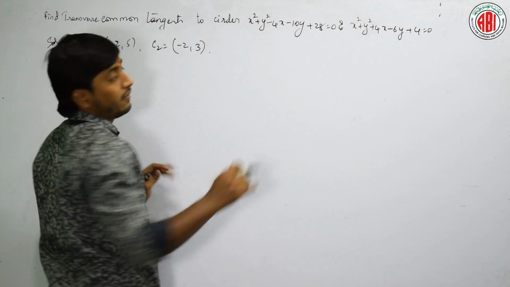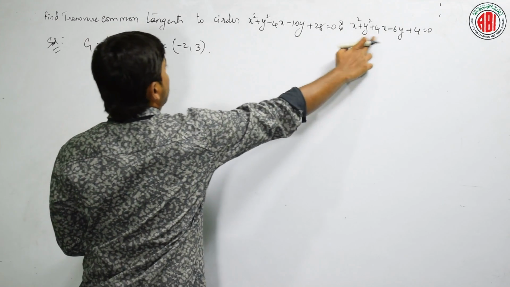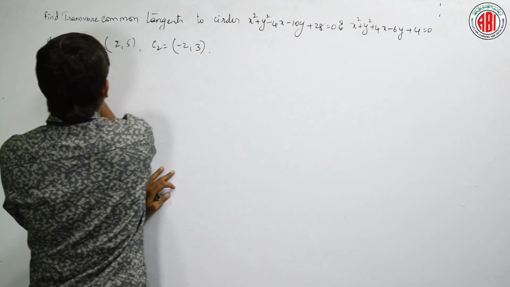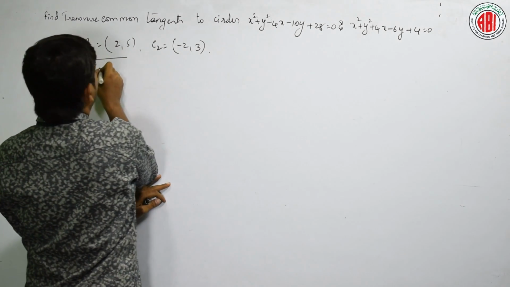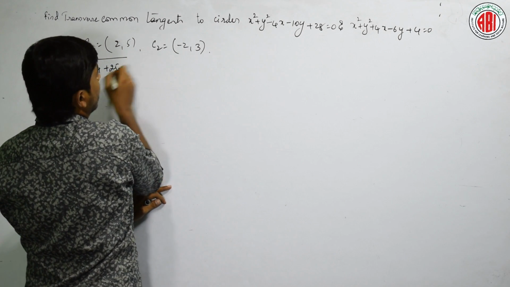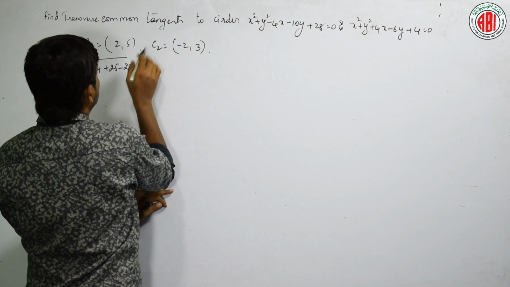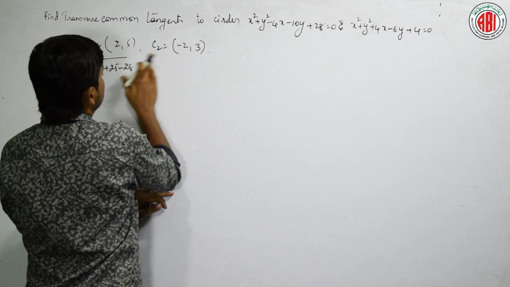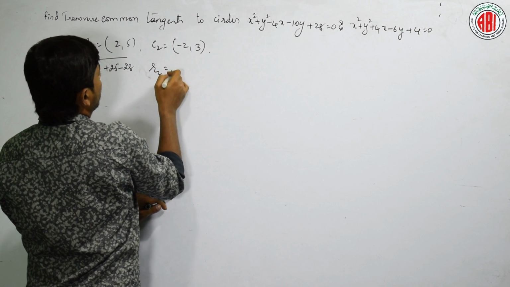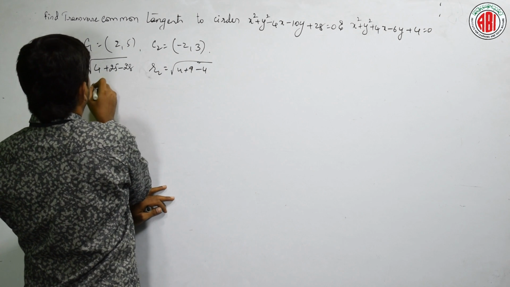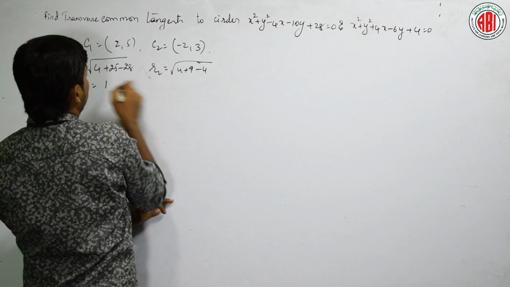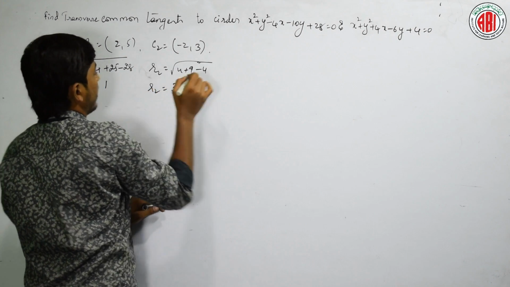First center is 2 comma 5, second center is minus 2 comma 3. What is radius R1? Under root 4 plus 25 minus 28. What is R2? Under root 4 plus 9 minus 4. Therefore, R1 is 29 minus 28 is 1, R2 is 3.